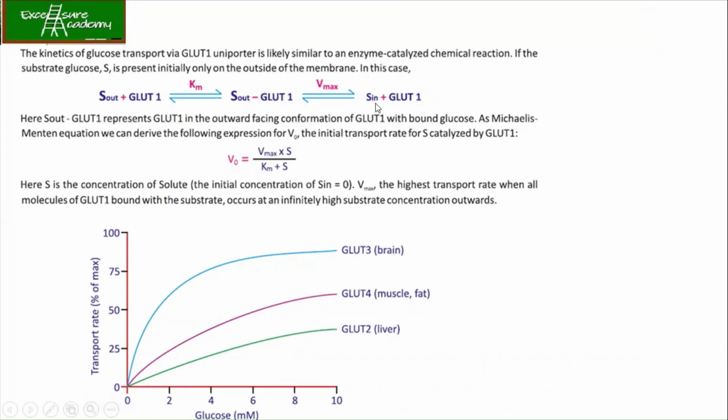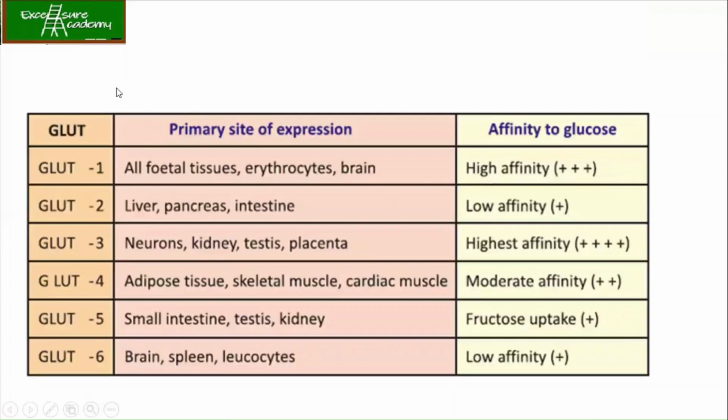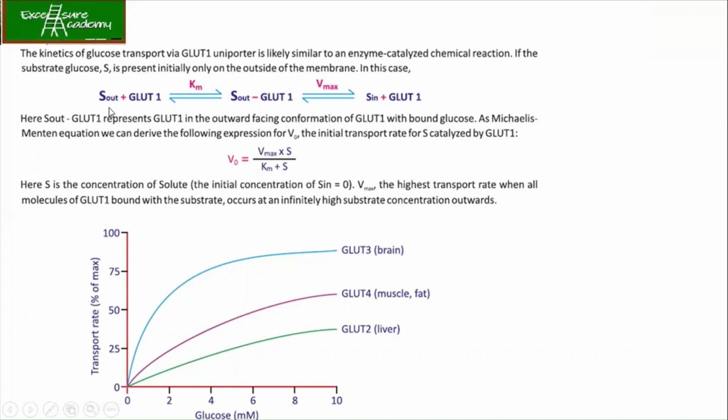Then S in GLUT1. तो यहाँ पे एंजाइम कौन है आपका? GLUT1. S out क्या है आपका? ग्लूकोज विच इज प्रेजेंट आउटसाइड, राइट? Now, so glucose out with the transporter, it makes the interactions and then it is taken inside.